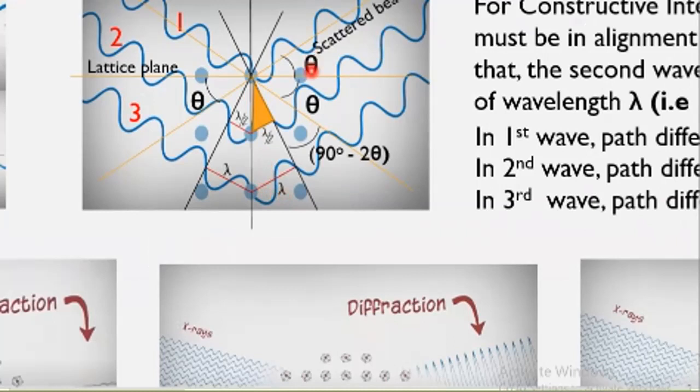Okay, so first we will subtract this angle. Again we are applying the complementary angles, 90 minus theta and then minus this, so we are left with this angle.